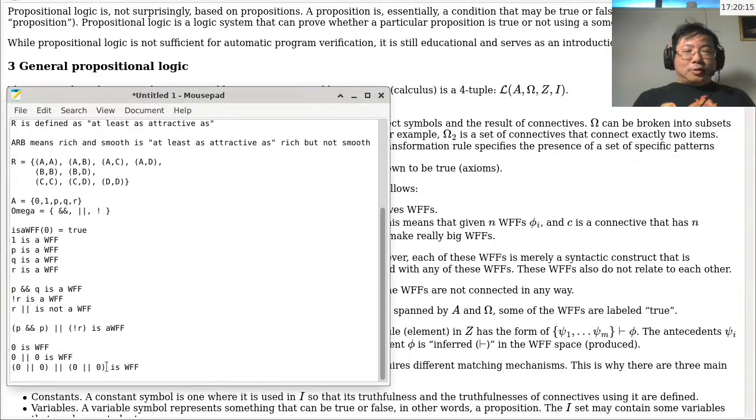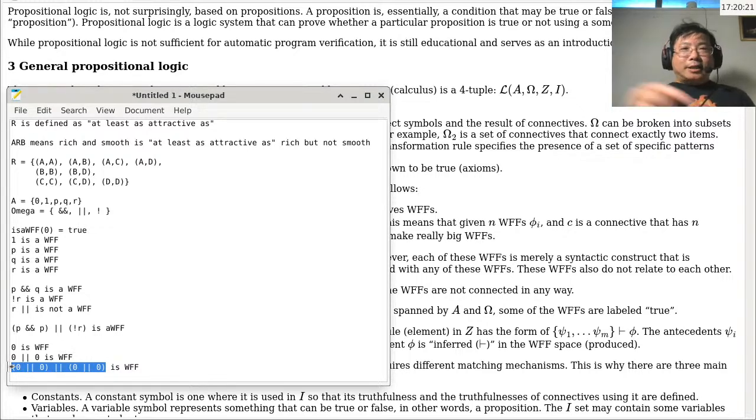Take this one and say this thing OR itself is also well formed, and then take that thing and say that thing OR itself is also well formed. I can keep doing this until the end of time to make more and more useless and senseless but well-formed formulae. Does it make sense that this particular set is infinitely large?